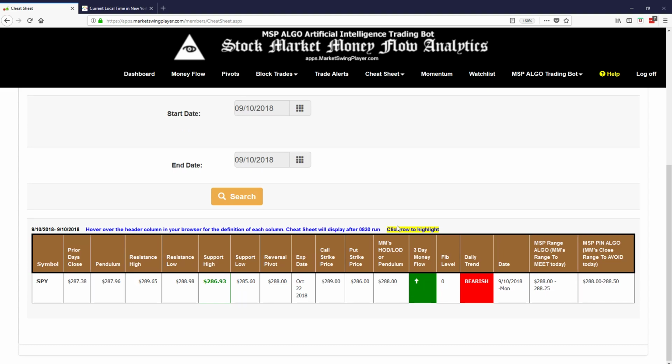So let's say yesterday, as I see price, here goes the MSP pin range algo here, and I see price was at 288.5, 288. So it's telling me that most likely price is going to close outside of this range, whether it's above 288.5 or below 288. So where is price?